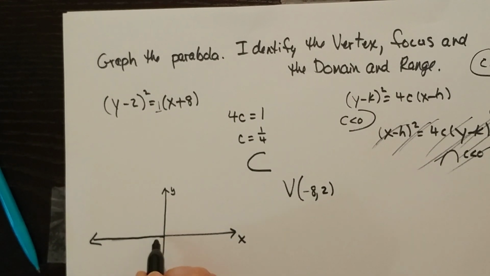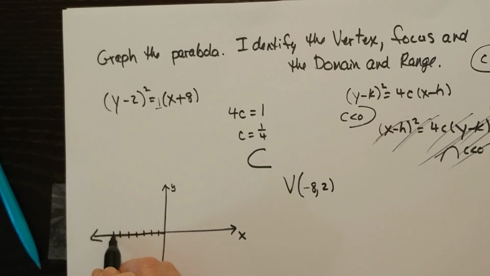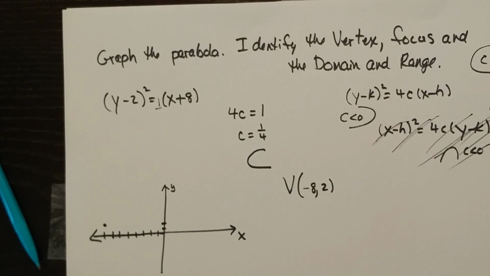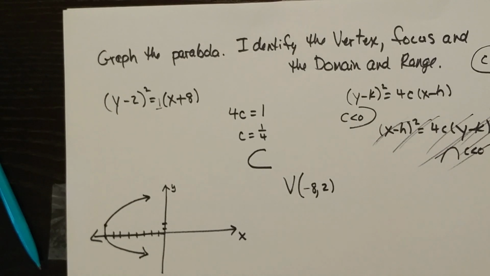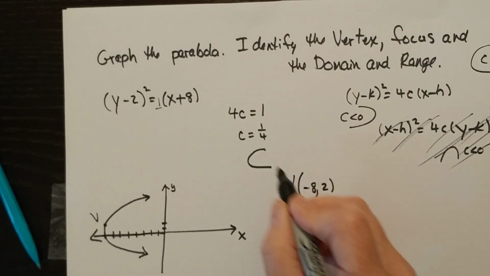I'm going to go over here to -1, -2, -3, -4, -5, -6, -7, -8, and I'm going to go up 2, and this is my vertex. And I know that this is going to be opening to the right because my c value is positive. So right here is my sketch of the vertex of my parabola. There's my vertex. It's labeled. c is 1/4.